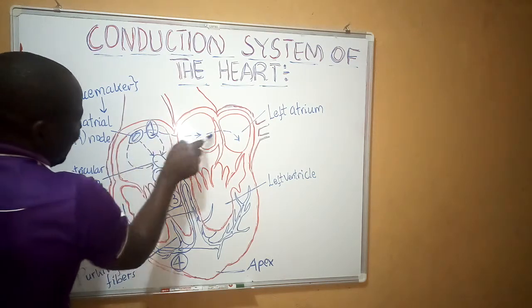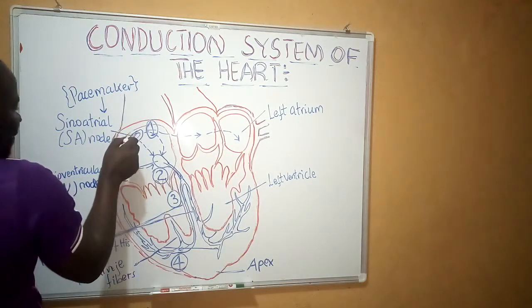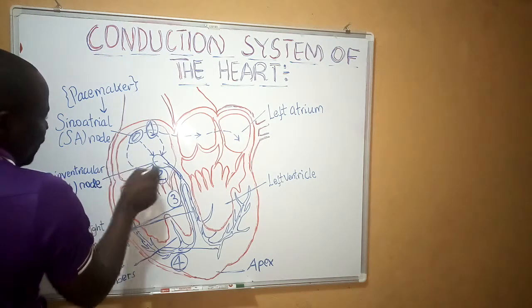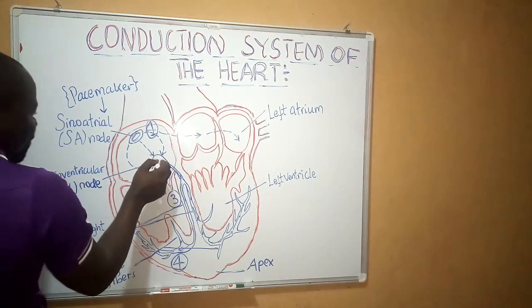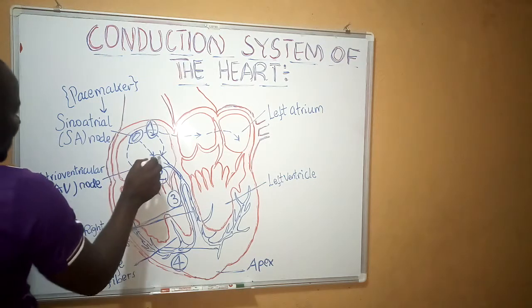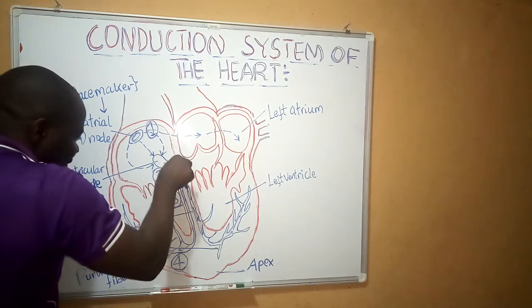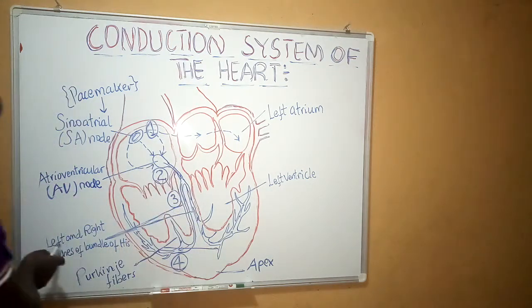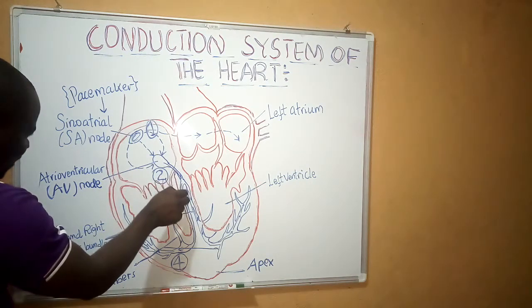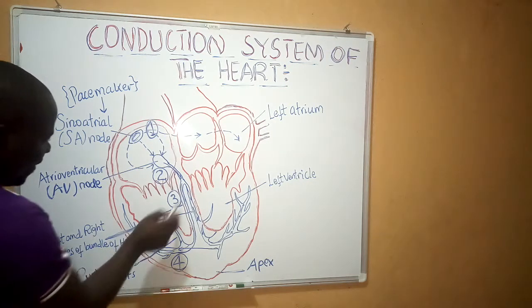As you can see, these arrows go towards the left atrium, and the action potential is then spread towards another point known as the atrioventricular node. The atrioventricular node, as you can see here, passes through the septum and divides into two parts, left and right, the bundle of His.